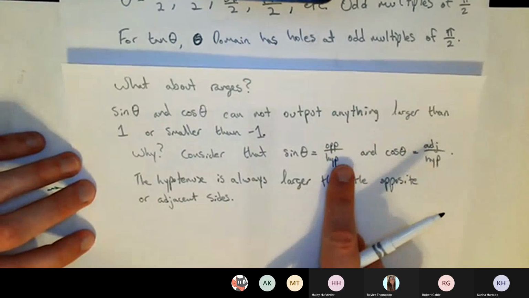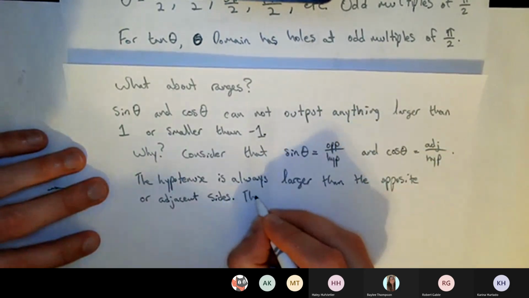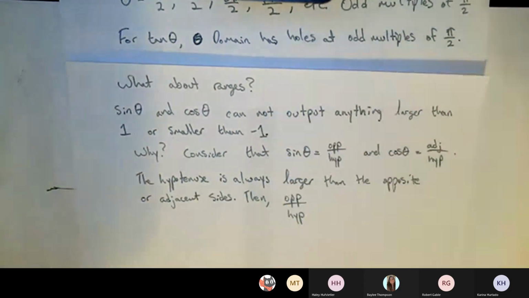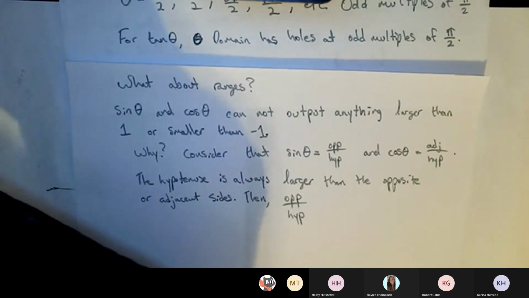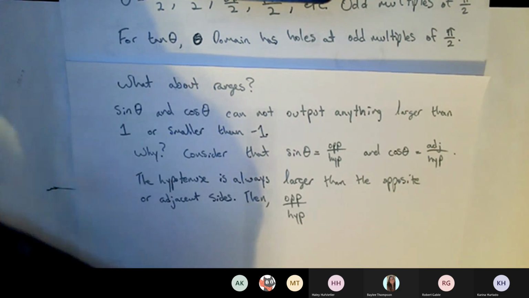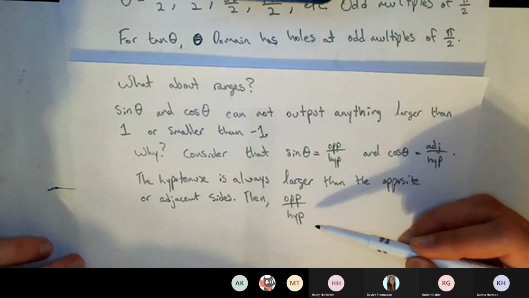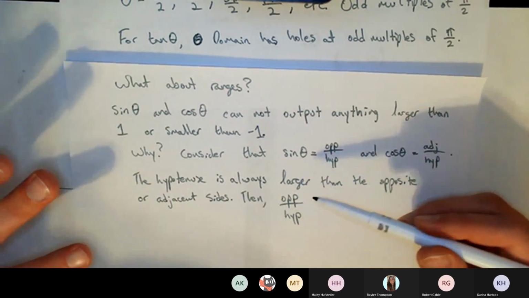So what does that mean for these outputs of opposite over hypotenuse, adjacent over hypotenuse? Just stepping back from trig, thinking just about fractions, what does it mean if the hypotenuse, the denominator, is larger than the numerator?